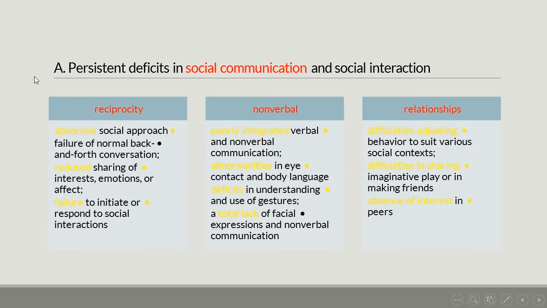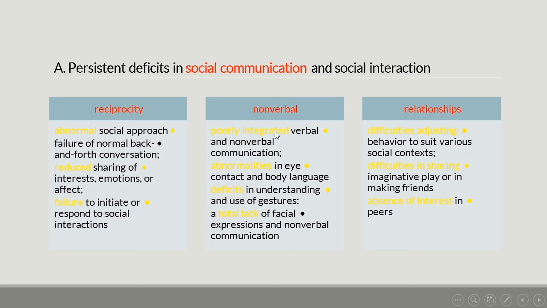So, to start with, persistent deficits in social communication. It was divided into problems with reciprocity and non-verbal communication, which are reflected in relationships. Reciprocity means that we have abnormal social approach, failure of normal back and forth conversation, reduced sharing of interest, emotions, or affect, as we said in the case of Ash, and or complete failure to initiate or respond to social interactions.